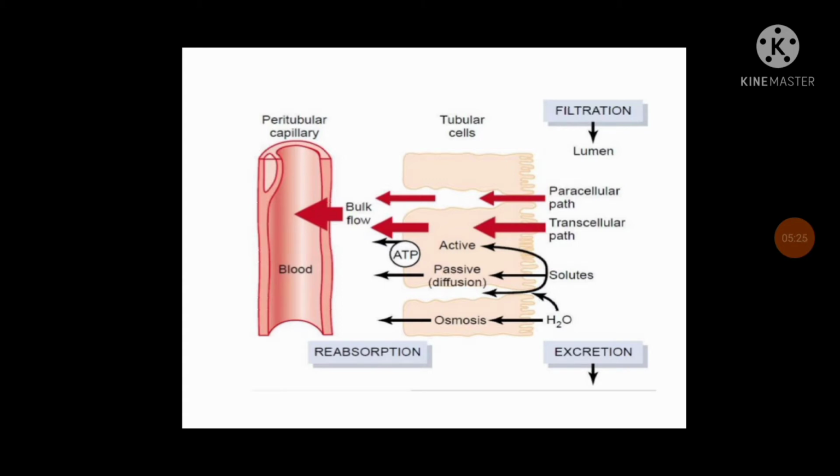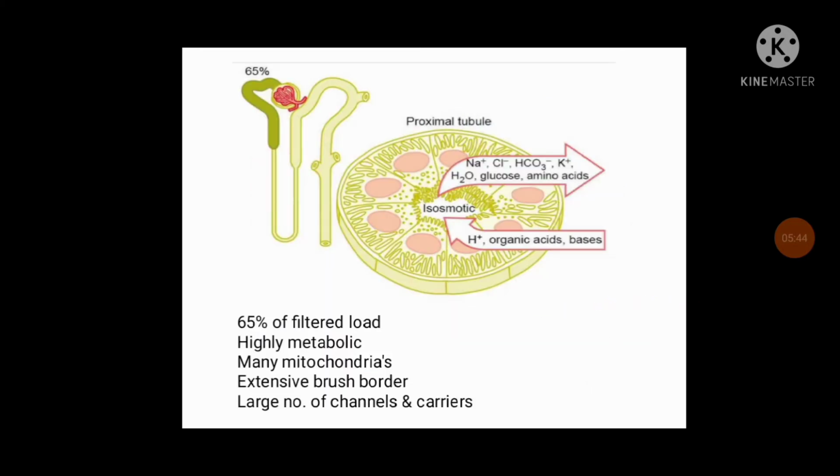Some of the solutes can be reabsorbed by active transport or passive diffusion. Water can flow with bulk flow or through osmosis. So these are the different modes of reabsorption of the different substances.